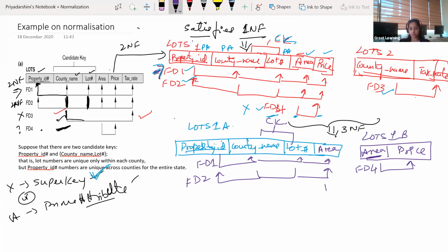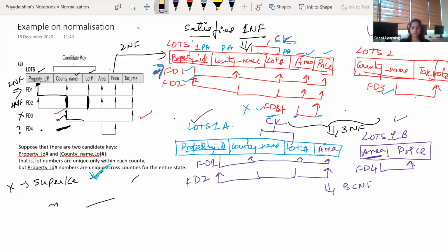Now let's check with the BCNF. Now I have to check with these three tables. In BCNF, only X should be a super key of R. A prime attribute should not be there.